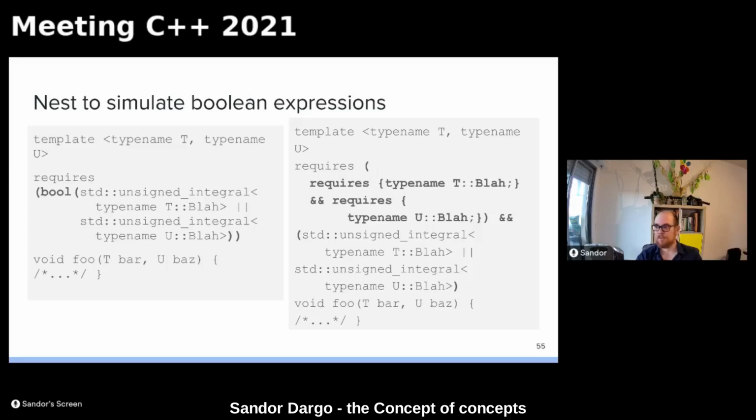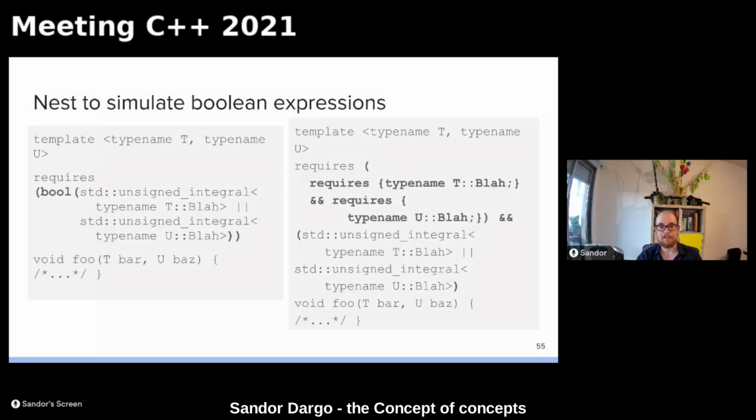So I just want to repeat the same example that I showed you earlier with the blah, because with the blah example, on the left side, you see that either you use a Boolean cast to make sure that both T and U have a nested type blah, but it's not really readable.